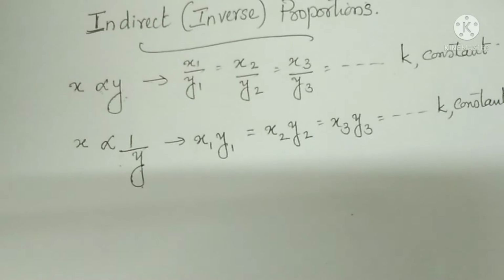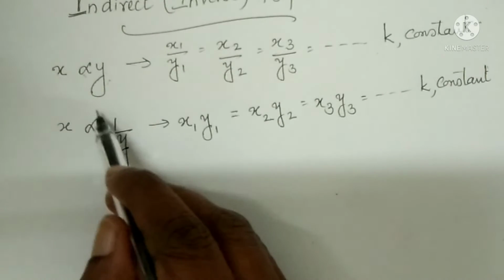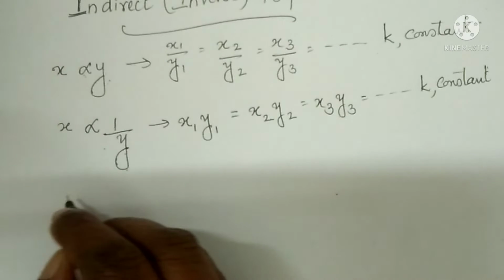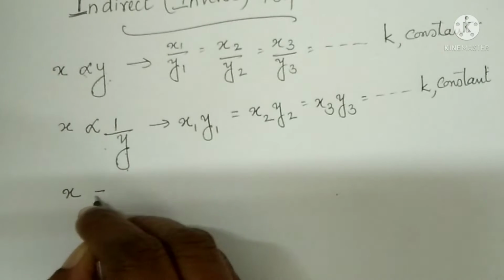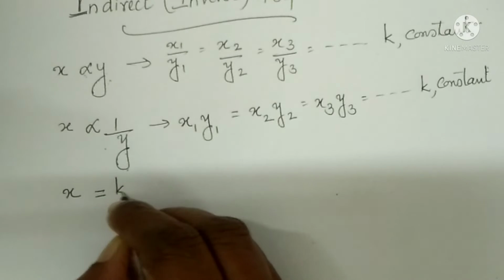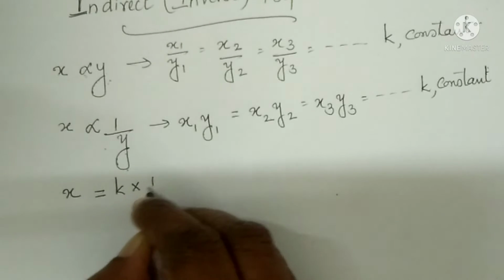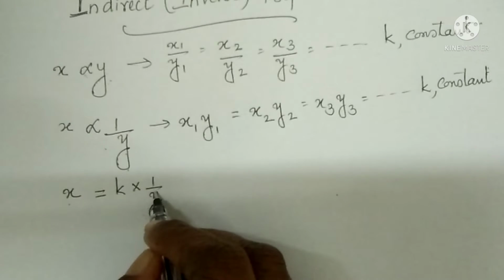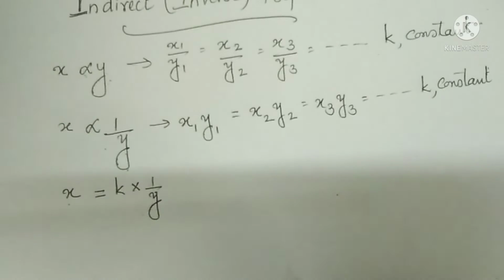Now how do we get it? Whenever you write two quantities are in proportion, that means the first quantity is equal to a constant multiplied by the second quantity. So x is equal to k into 1 upon y.